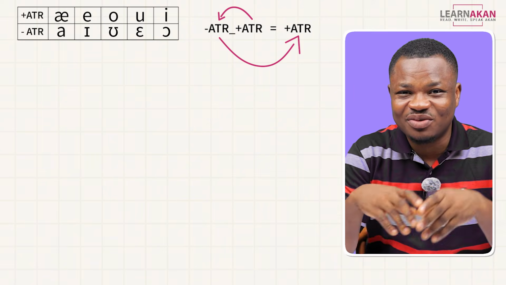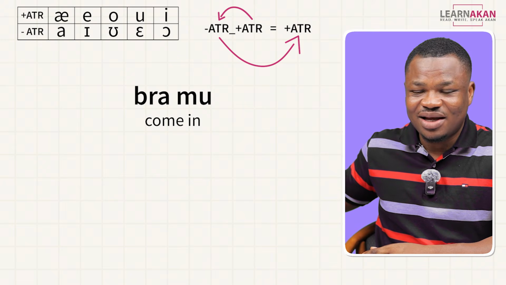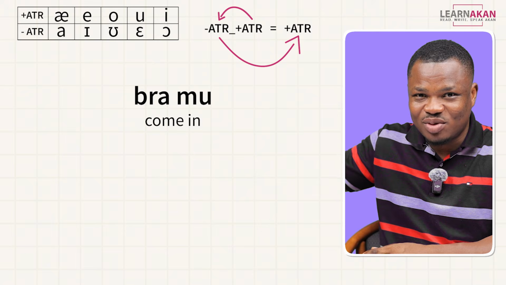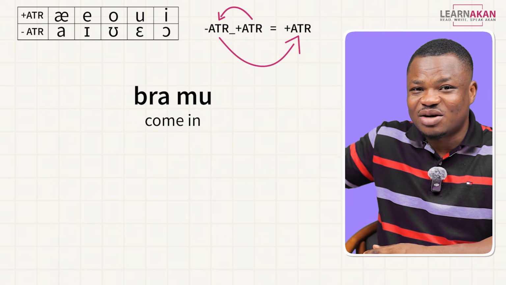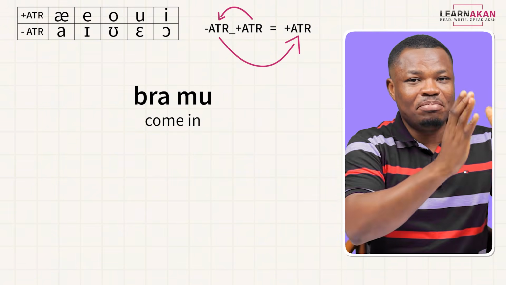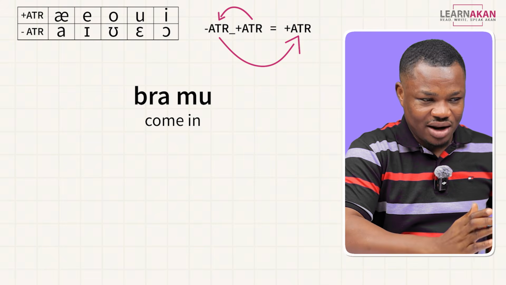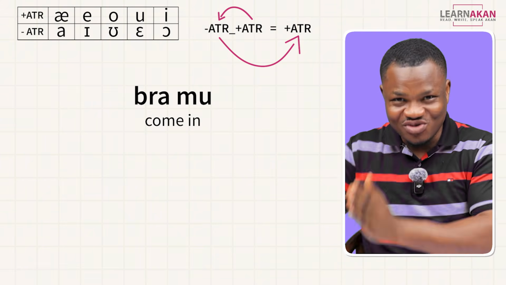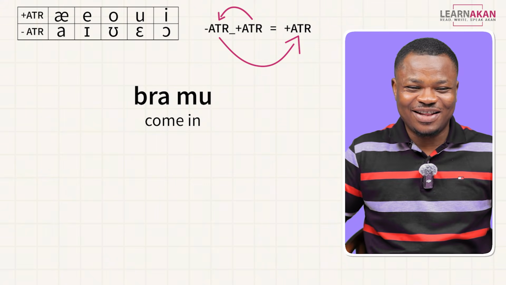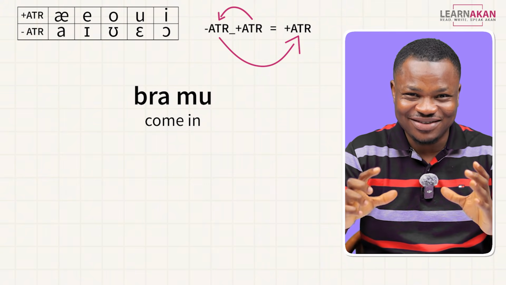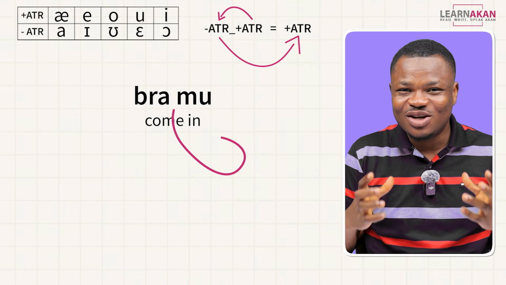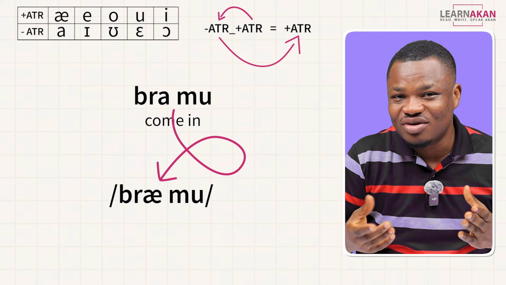Let's see another example. We have this. Now, if I pronounce these separately, so we have two parts, I would say bra, mu. But the moment I say them together in an environment, you hear bremu.